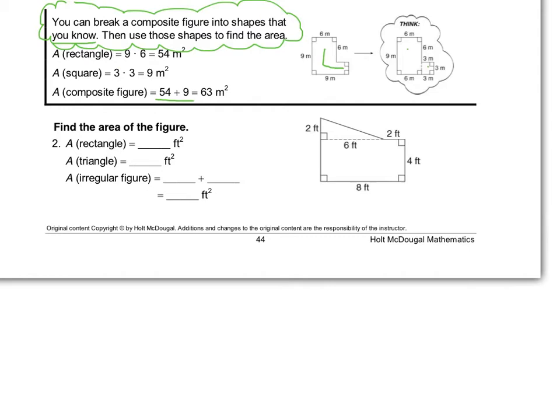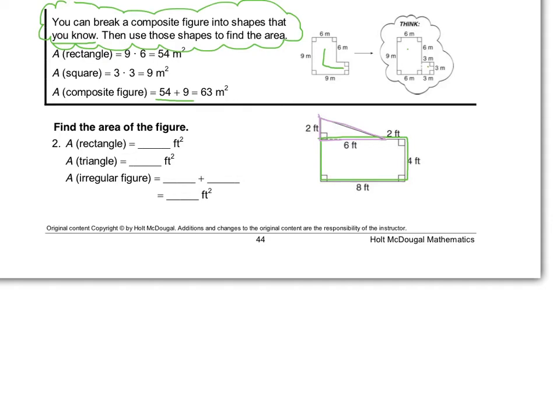So I'm going to look here at number 2, and I have the composite figure made down here. And when I look at that, I see a rectangle, and I also see a triangle. Now the tricky thing with composite figures is knowing your dimensions.